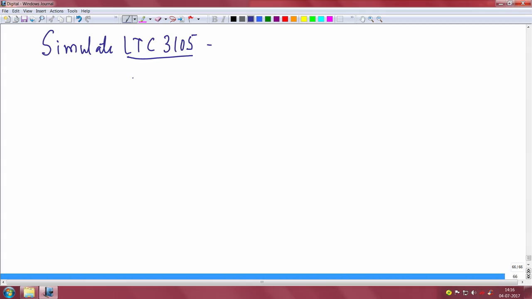In fact, TI has another chip called BQ25504, which is also a very popular energy harvesting chip, where the input can be solar or even thermoelectric generation, and so it is with LTC3105. This is basically a DC-DC converter.